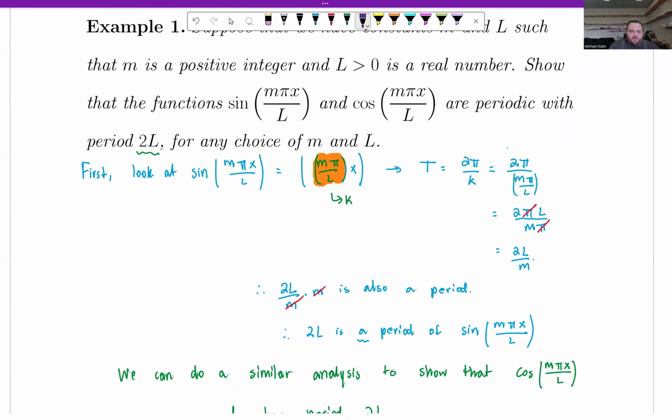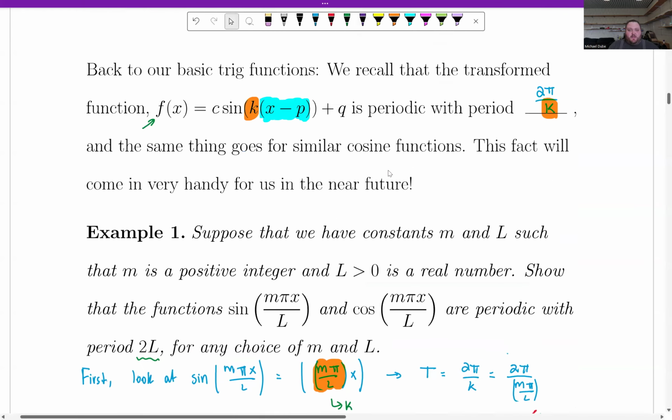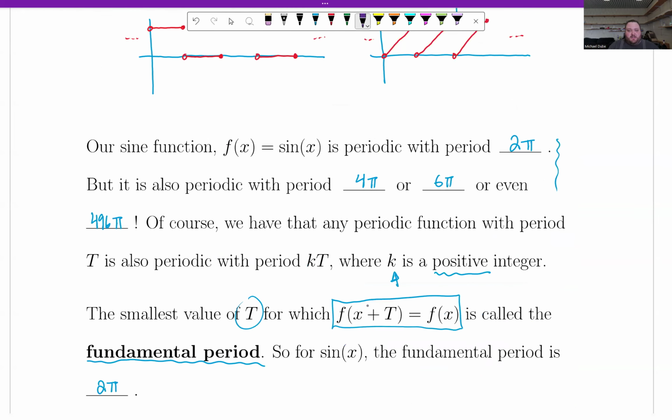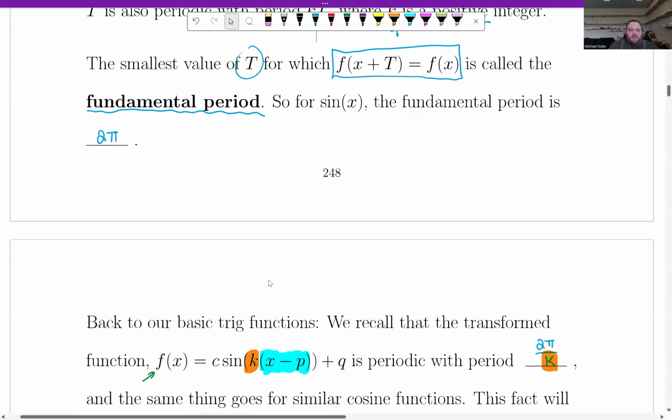And I'll just refer to the previous page. And that is because m is a positive integer. Okay, and that's where we talked right up here, where some positive integer times our period is also a period. Okay, good.